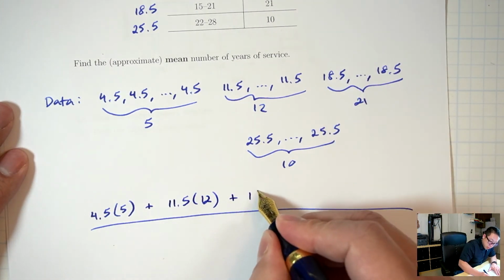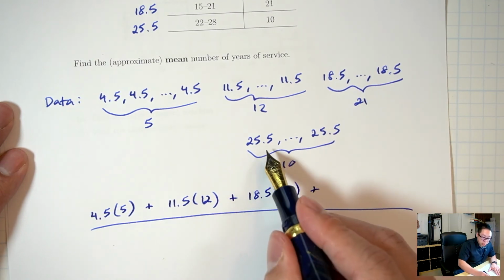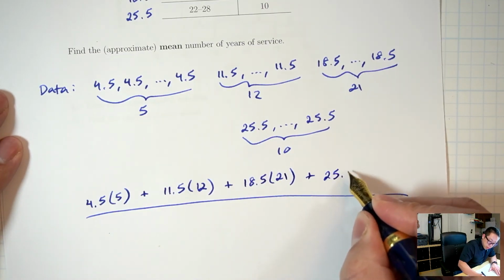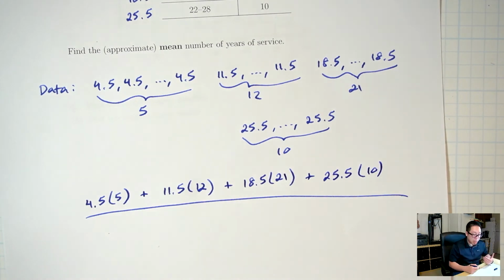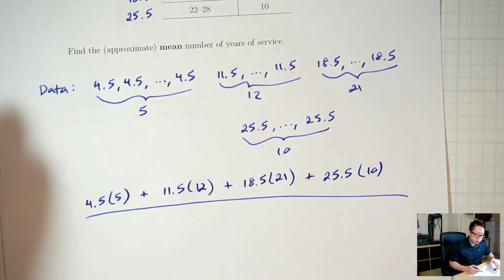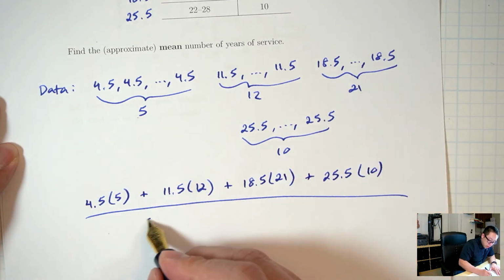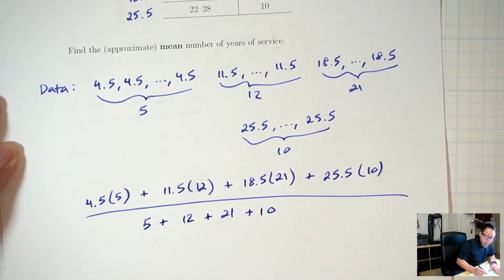That's going to be 18.5 times 21. And then 25.5, 10 times. That's 25.5 times 10. And then divide by however many data values you have. So you have 5 of these, 12 of these, 21 of these, 10 of these. So in total, you have 5 plus 12 plus 21 plus 10 data values.